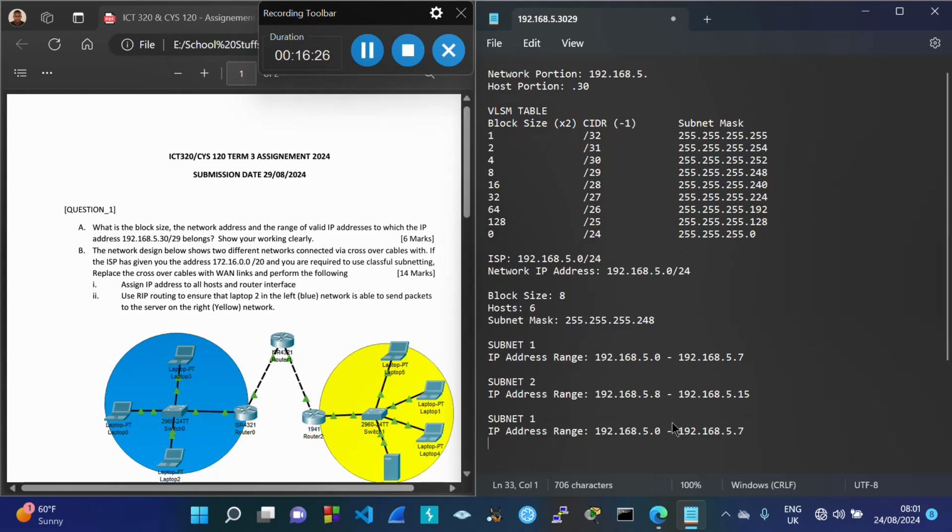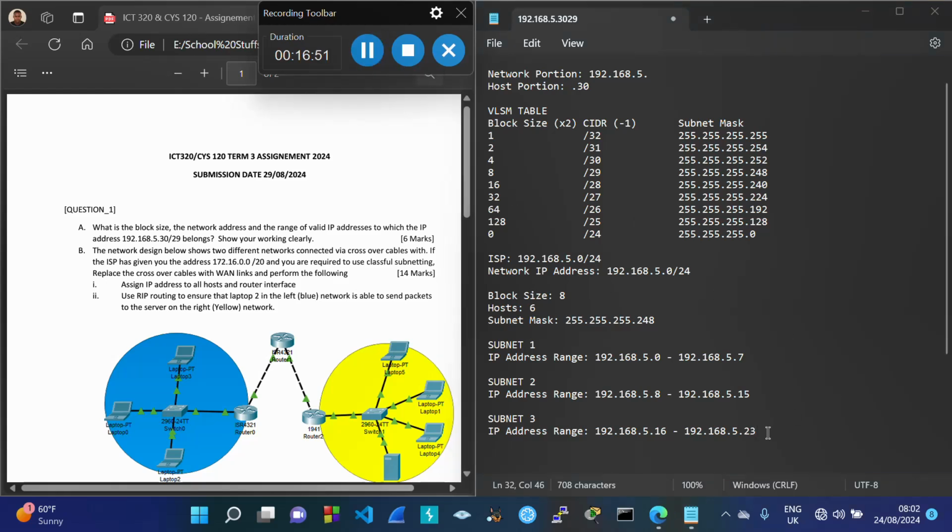So we come to subnet 3. Since we ended at 15, we're going to start at 16. So we say 8 plus 16, which is 24. Instead of saying 24, just put 23 to maintain the broadcast address.